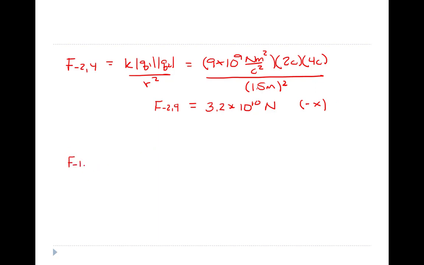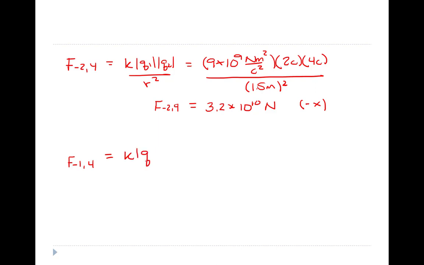Next, I'm going to work with the -1 coulomb charge and the attraction there. And you may be wondering, well, why not go around the outside of the square again? Well, the 3 coulomb charge is the hard one to work with, so I'm doing the easy ones first.